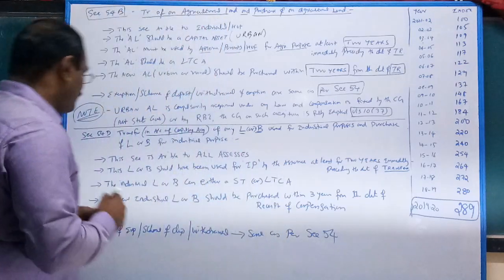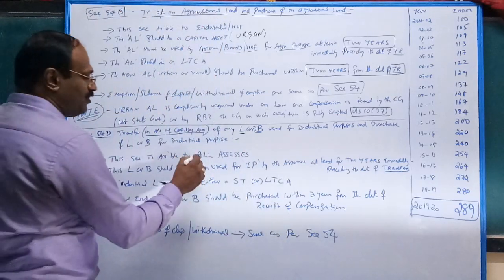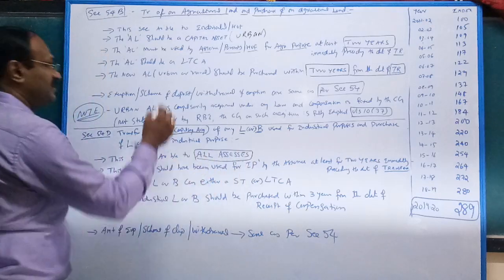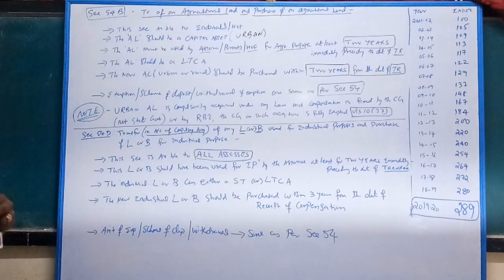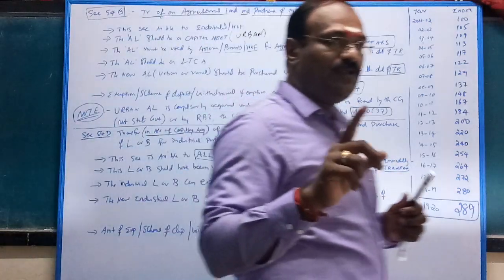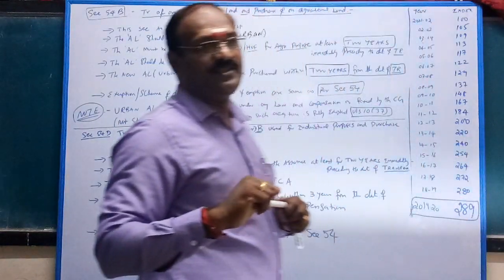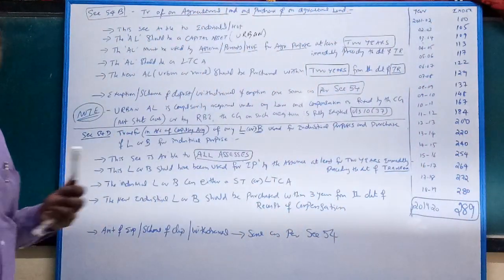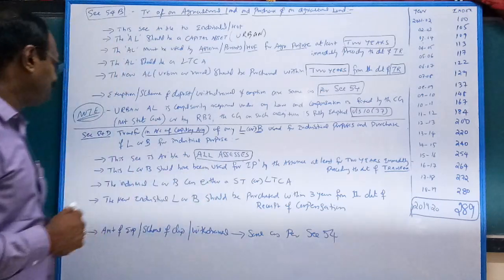Very important, this section is available to all assessees. See, the last two sections, section 54 and 54B, are available only to individual and HUF. As far as section 54D is concerned, it is available for all assessees.